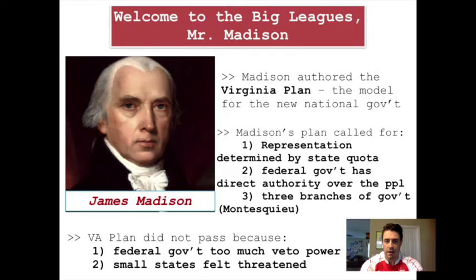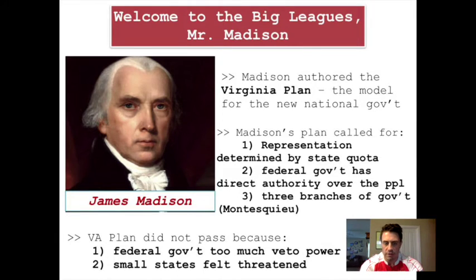But again, at the time, there was no executive, there was no judicial. And many Americans feared greatly the idea of an all-powerful, omnipotent executive leader. Where Madison's plan really drew the most controversy, though, was in terms of what his solution for representation was.